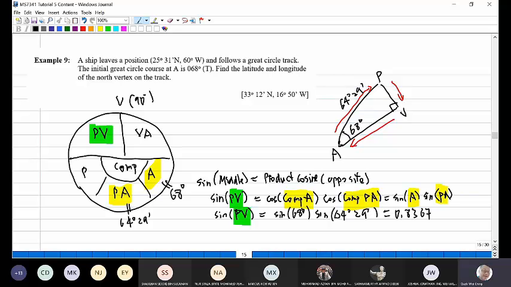Okay, so that means your PV is equal to sine inverse of 0.8367 now, which is the answer here. You get 56 degrees, 48 minutes.